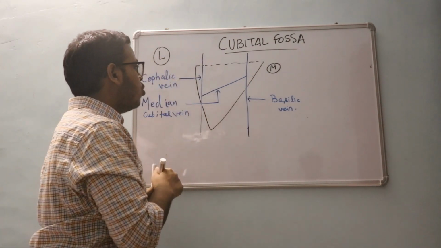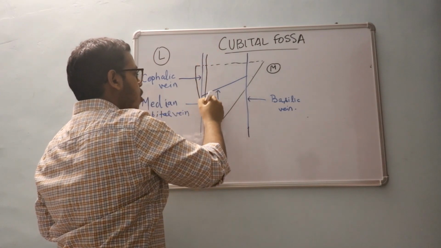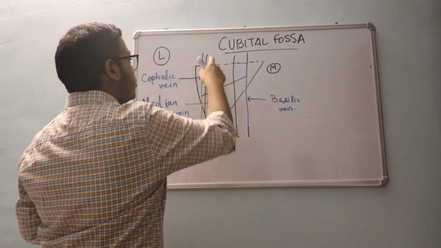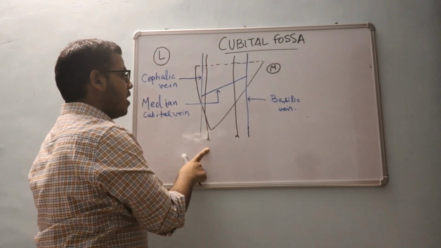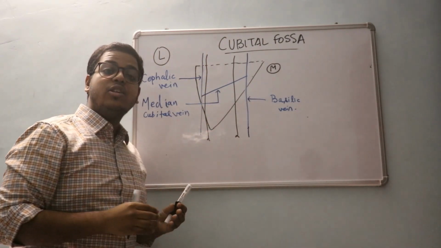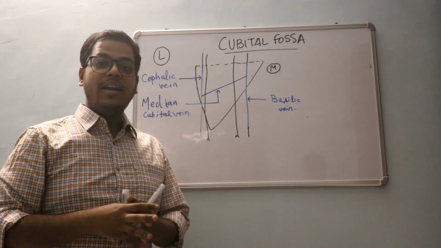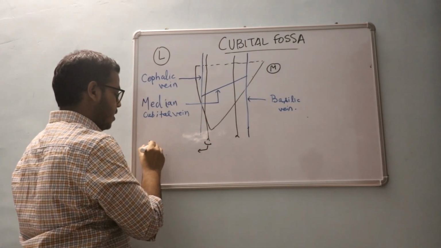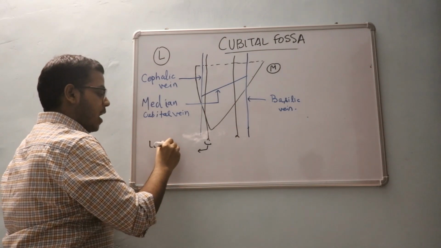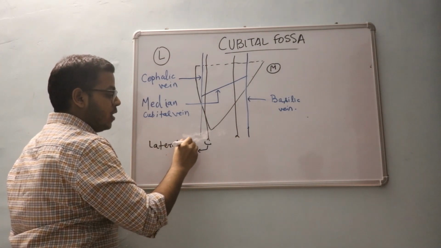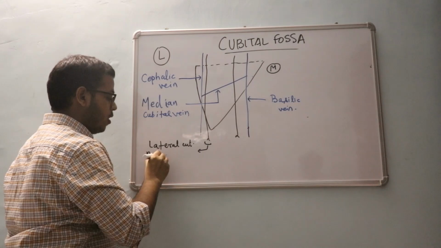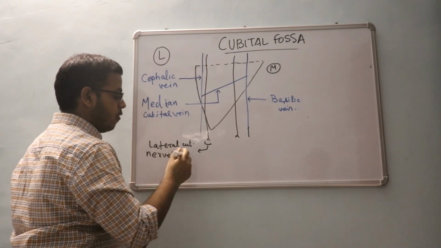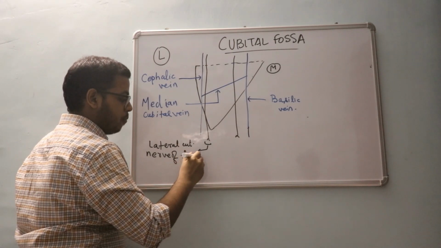Okay, there are two more structures that are present, 1 and 2. So this one is on the lateral side, and it is present on the superficial side. So what can it be? This one on the lateral side is the lateral cutaneous nerve of the forearm.